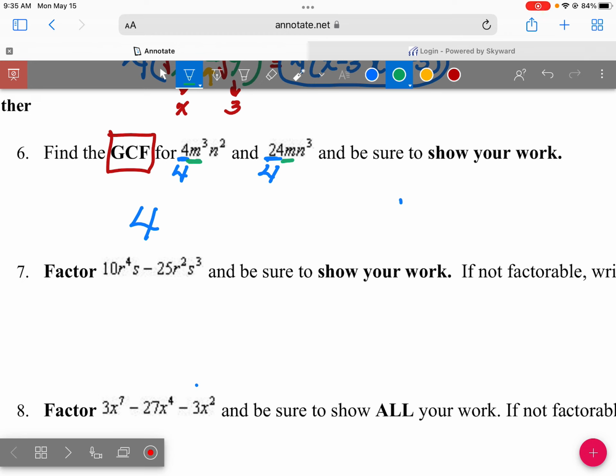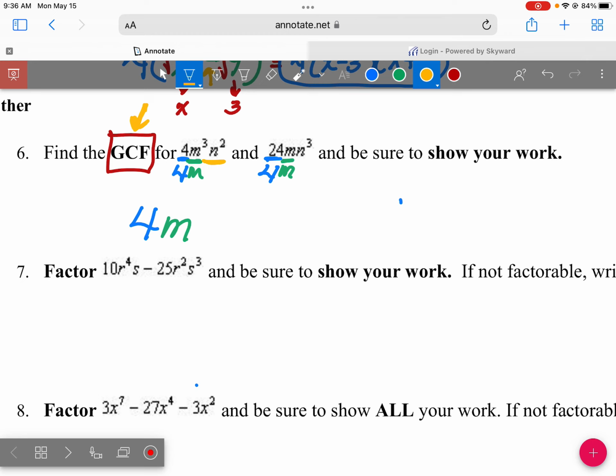So it is not m to the third. It is just m, because the second term only has 1 m. The key word in greatest common factor is common. It has to be common to both. So you can only factor out 1 m.